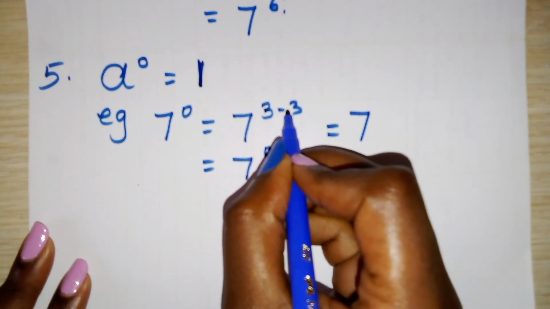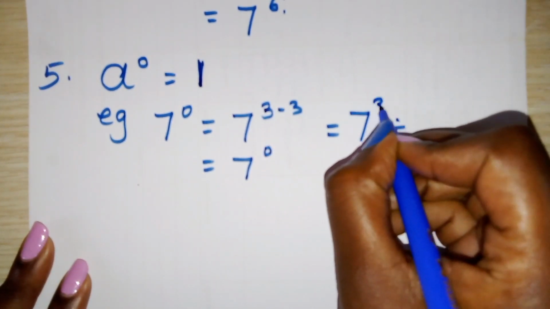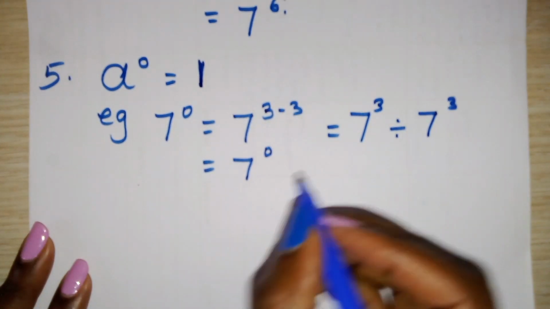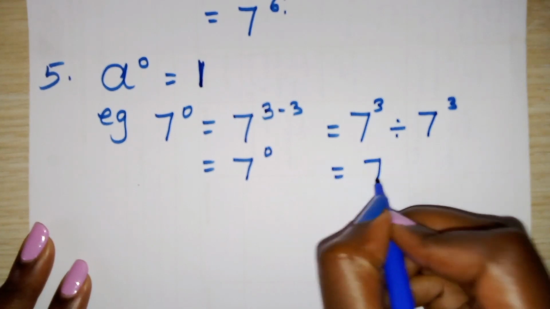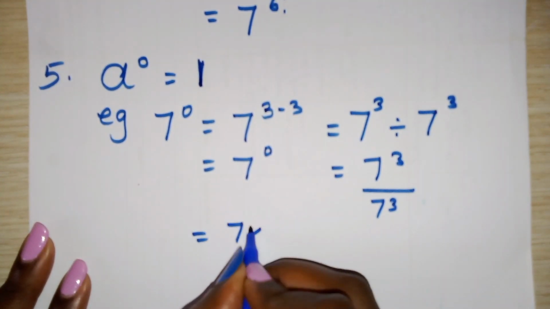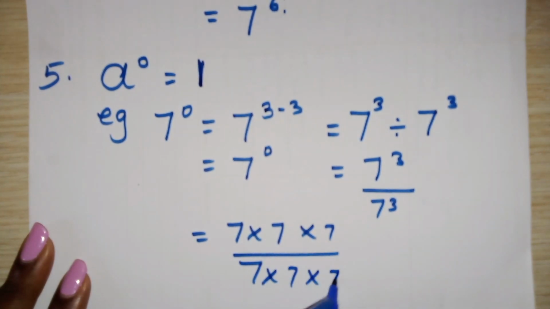So remember, when it's a minus, it was a division initially. So we can say the question was like this: 7 power 3 divided by 7 power 3, which is the same as 7 times 7 times 7 all over 7 times 7 times 7.